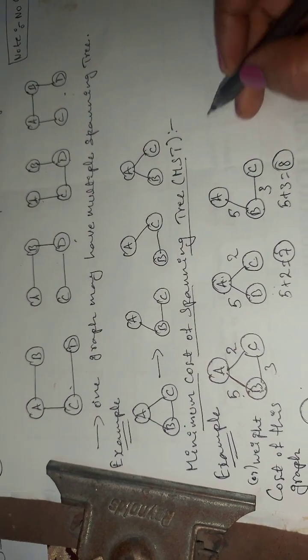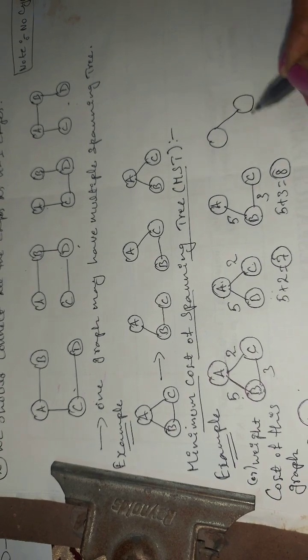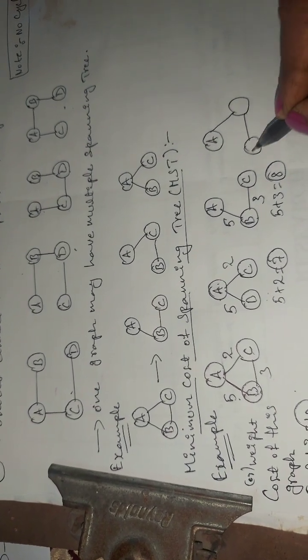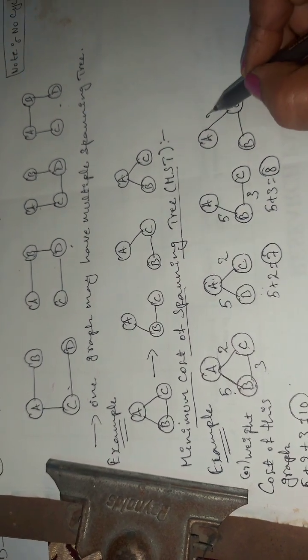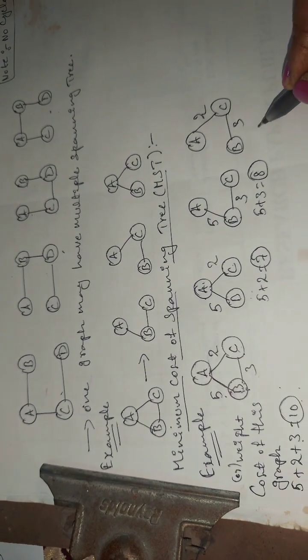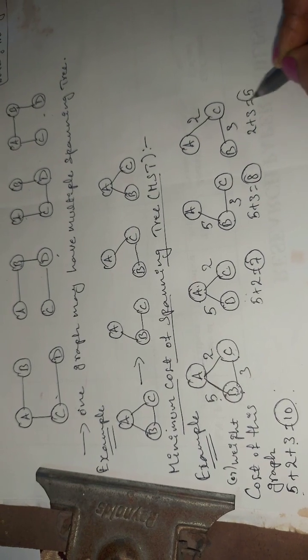And another way: A to C 2 and B to C 3. So 2 plus 3 equal to 5.